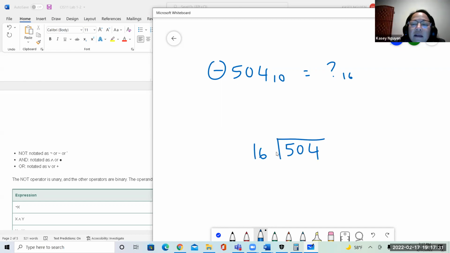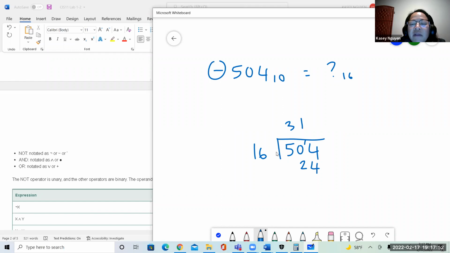Okay. So 504 divided by 16, we're going to take 50 divided by 16. That will be 3 times. So I should have 2 because that's 48. And then I bring the 4 down, right? So that would be 1 time.